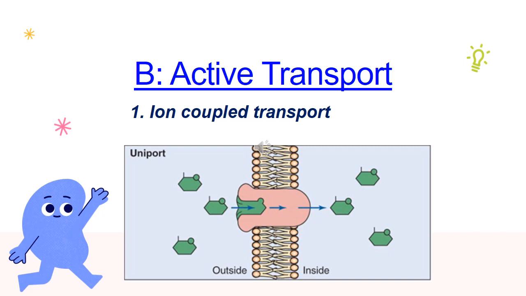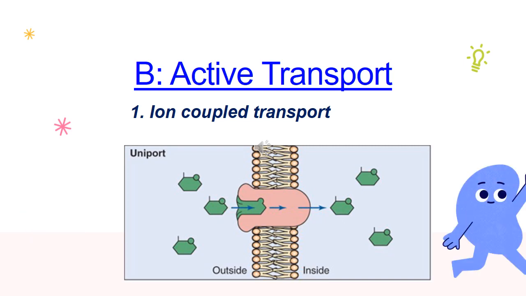Kumbaga, follow the leader ang magiging peg niya from the outside to the inside ng ating cell. As you can see, pumunta na si baby blue sa inside ng cell natin, in which the uniport process is solute passing through the membrane in a unidirection. Okay? Iisa lang po yung direction na pupuntahan nila.